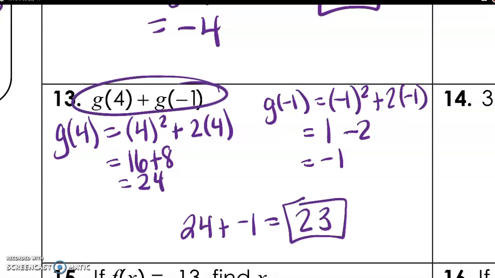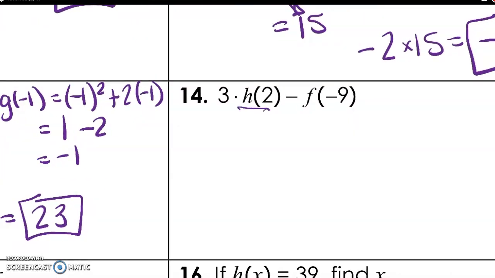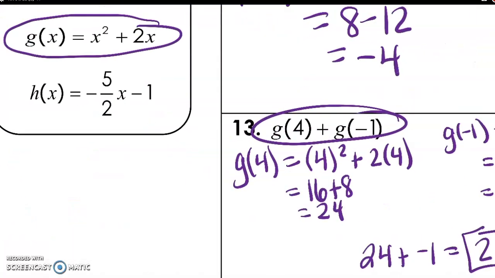So again, going back to the original problem and seeing that I needed to add my two answers together. For number 14, we're using h of 2 and f of -9. So we need to go back and realize we're doing h first.